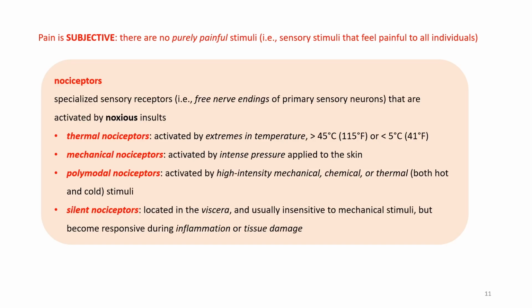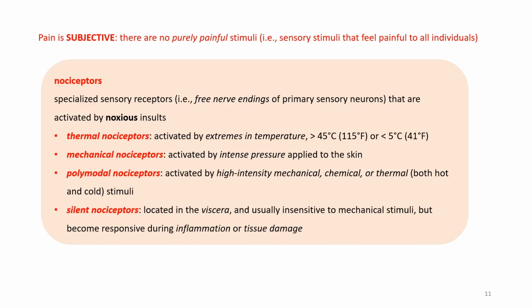As we saw, these are free nerve endings of primary sensory neurons that are activated by noxious insults. So they can, for example, respond to extreme temperatures, in which case they can be classified as thermal nociceptors. Mechanical nociceptors are activated, for example, by intense pressure.